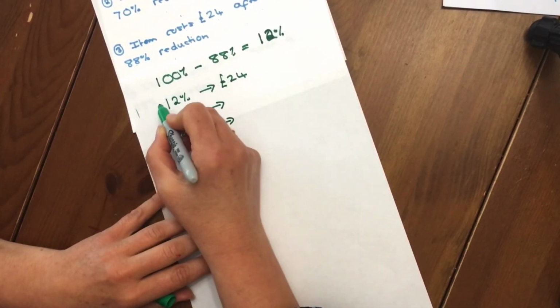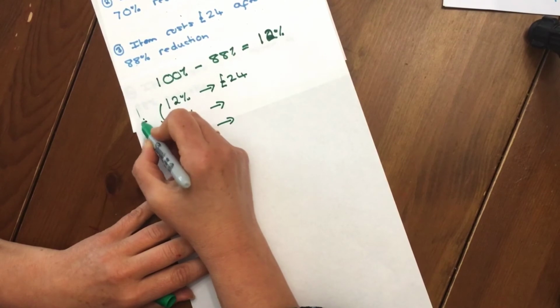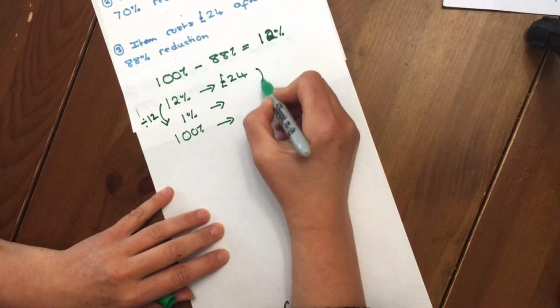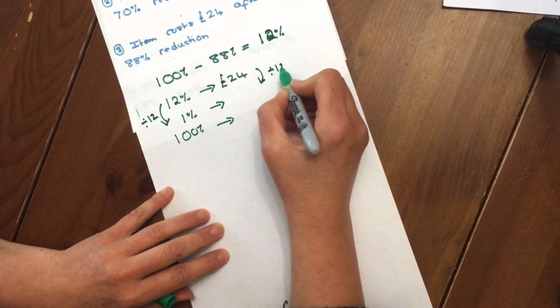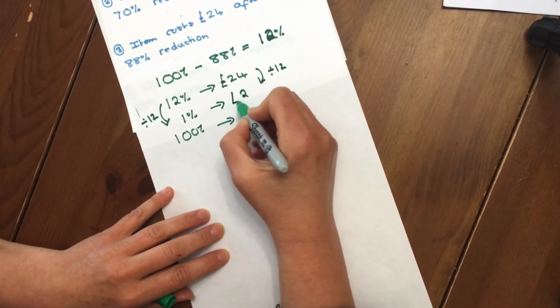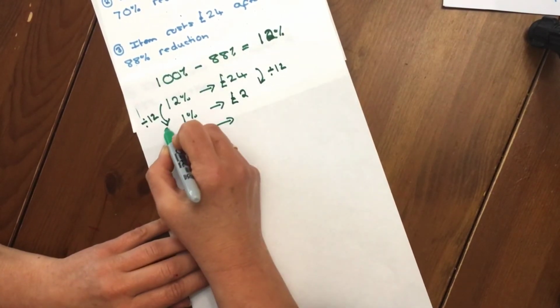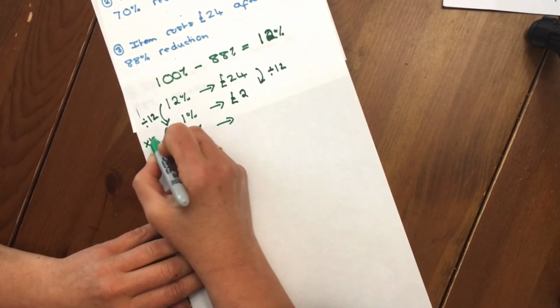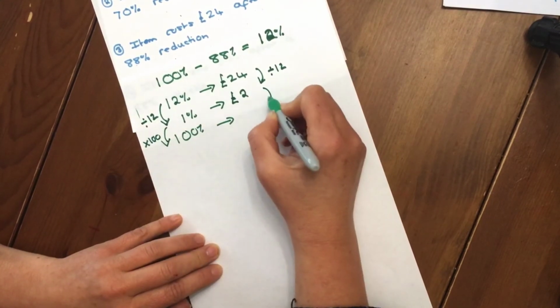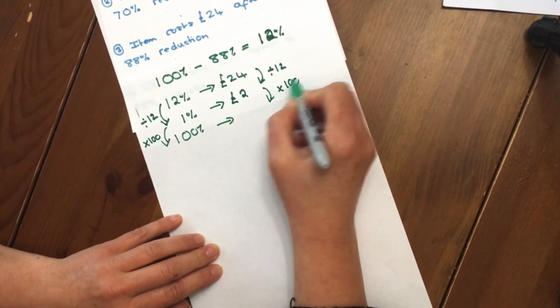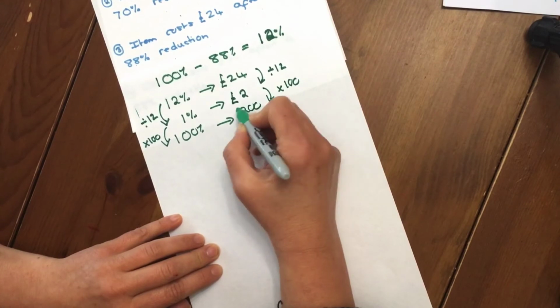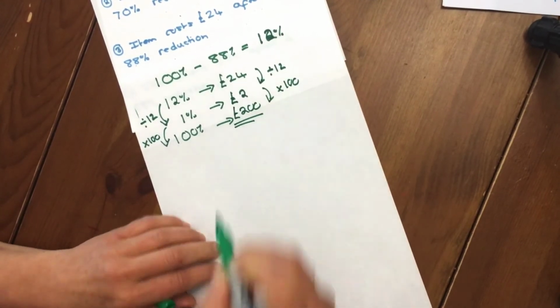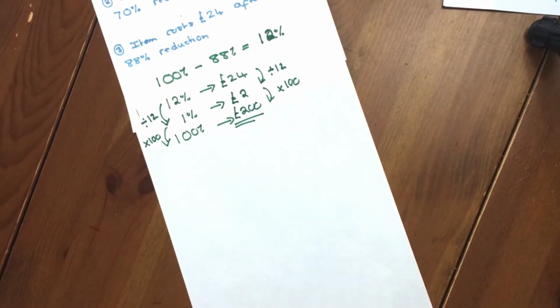So to get 12%, I divide by 12. So I'll do the same this side, divide by 12 and I'll get £2. To get 100%, from 1% I times by 100, so I'll do the same here and my answer will be £200. Well done if you got that one right.